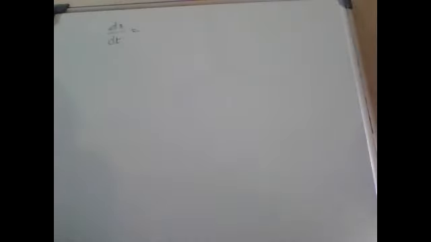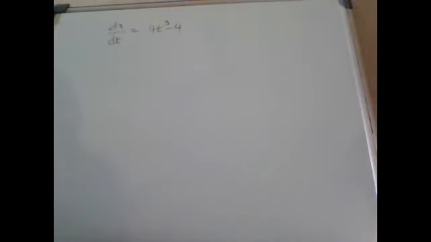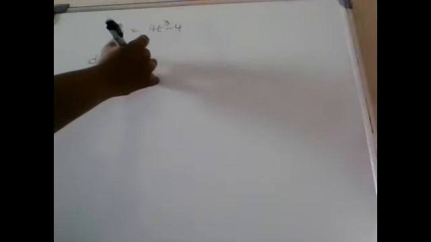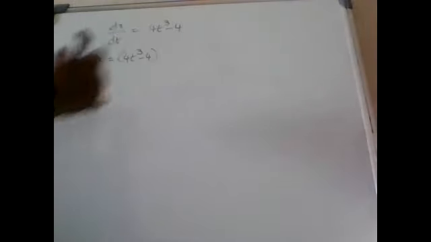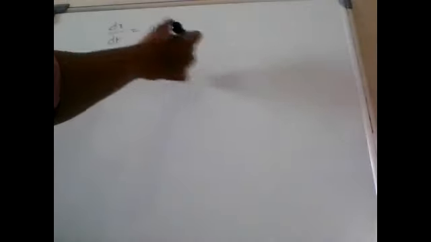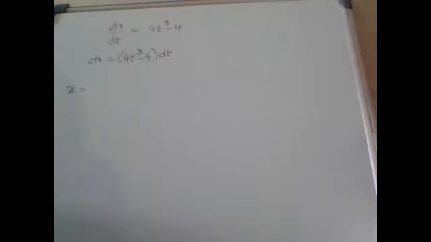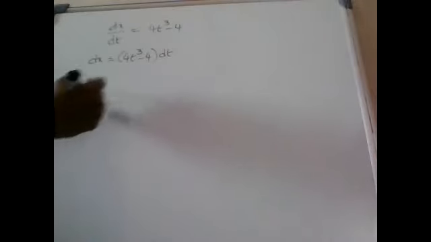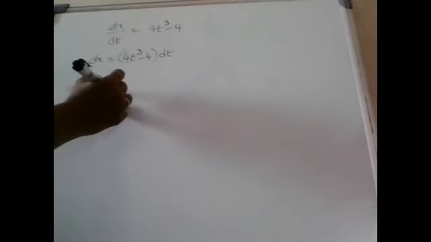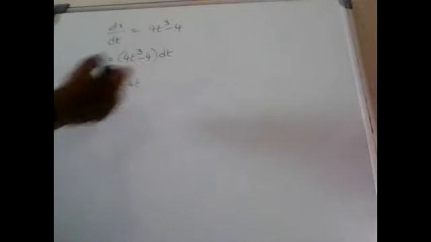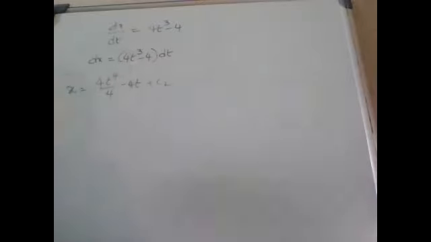Now dx by dt equal to 4 t cube minus 4, or dx equal to 4 t cube minus 4 into dt. So from integration we get x equal to 4 t power 4 by 4 minus 4 into t plus c2.